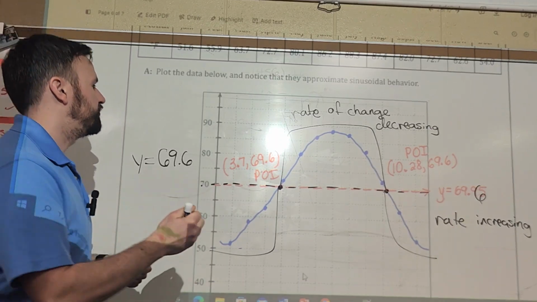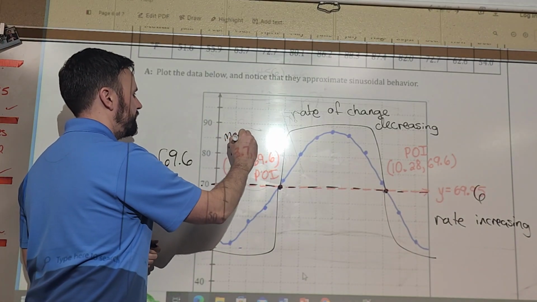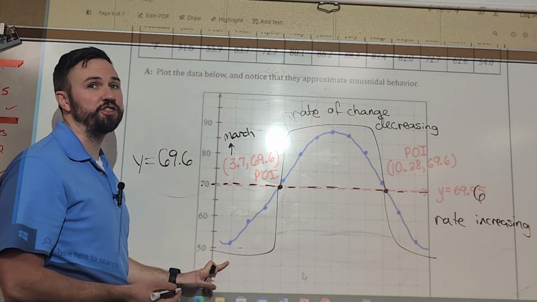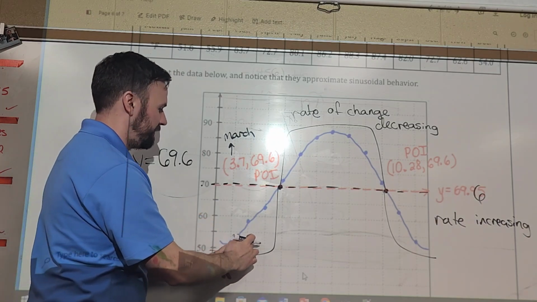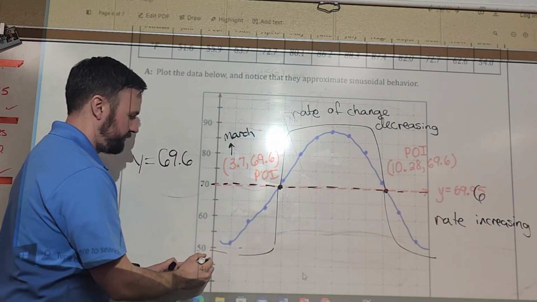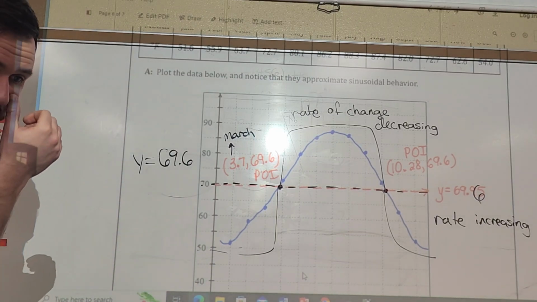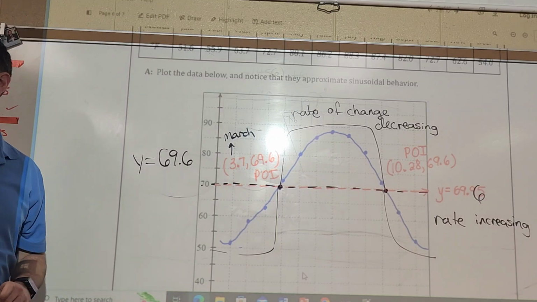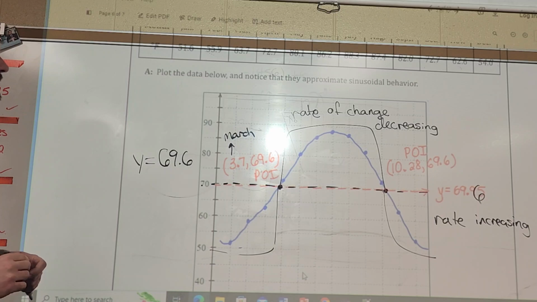So if I got this answer, what month does it change? March? Because this time one was January in this one. So it's different. January, February. Oh, no, that's just how we did it. We could have done January at 0. But this graph, we didn't.